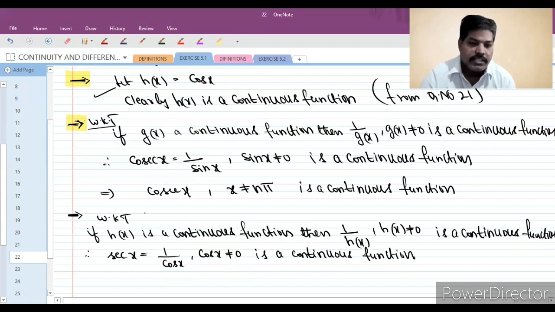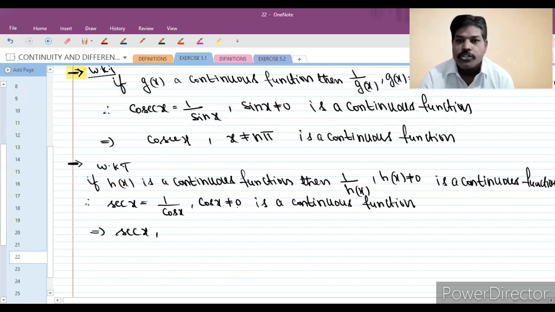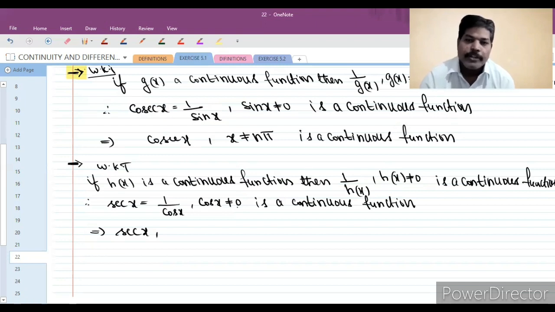So secant x, comma, cos x not equal to 0. What is the cos x not equal to 0? When cos x is 0, it is odd multiples of pi by 2: pi by 2, 3 pi by 2, 5 pi by 2, 7 pi by 2. All these are values where cos x will become 0.